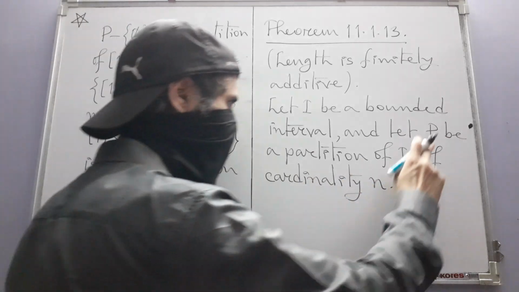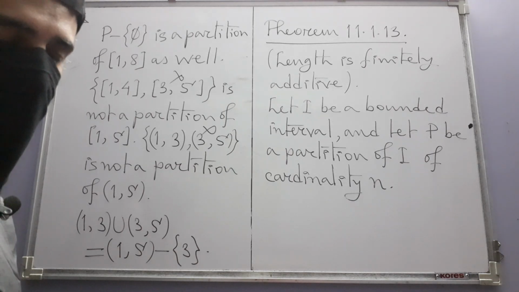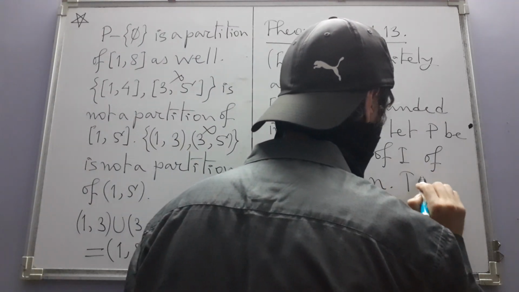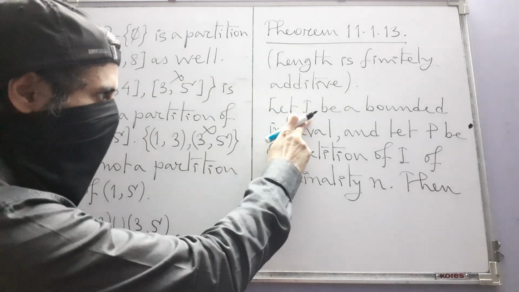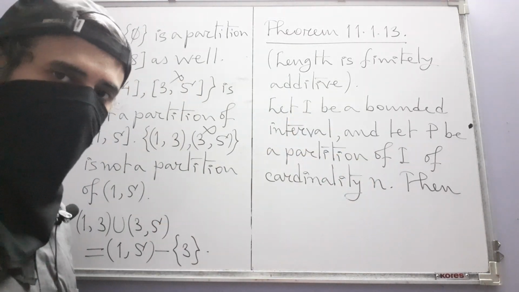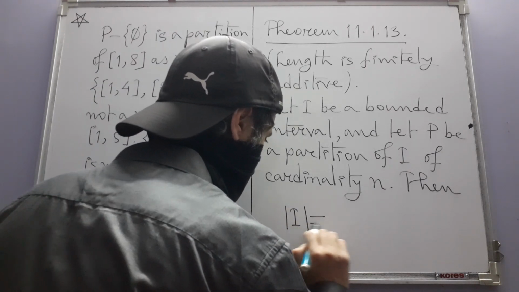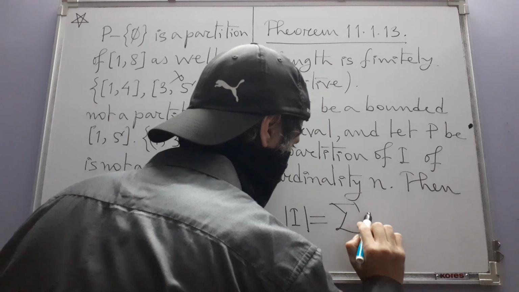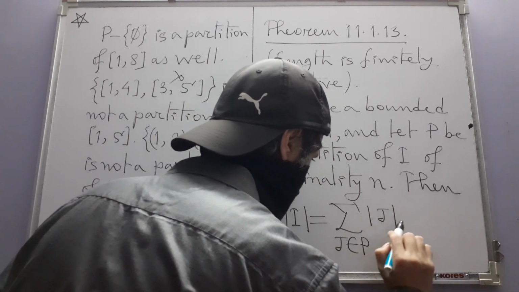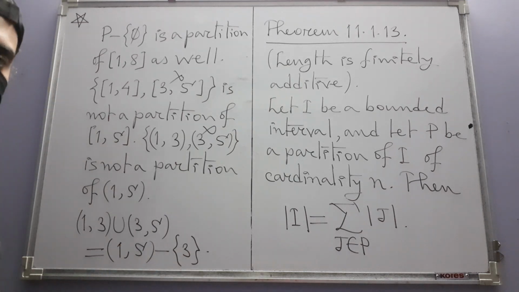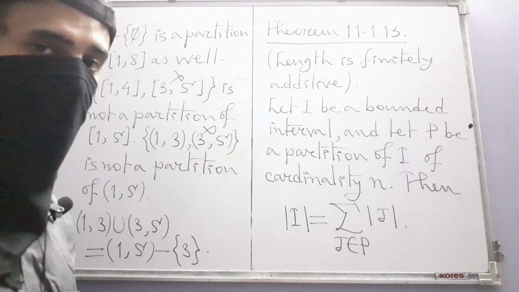Of course, since P by definition is finite, it will have a natural number as its cardinality. Then the requirements are bare minimum. There is an interval and there is a partition of the interval. That's it. Then the length of the interval is equal to the sum of the lengths of the subintervals in the partition. It seems very natural, it should be true, and it is true.